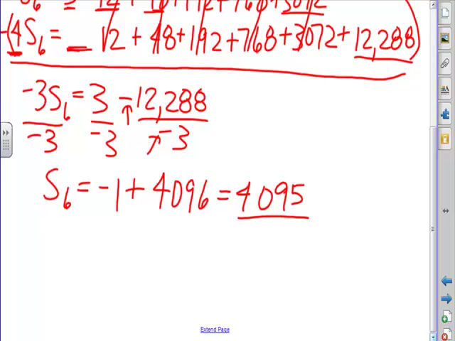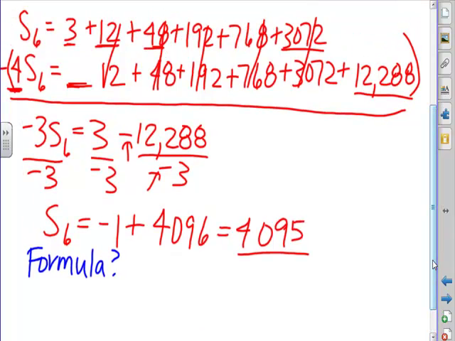So then what have I actually done here for a formula? And once again, this is on your sheet, so in the end you can really just get it off your sheet. I just want you to see where this is coming from, and I'll show you where it is on the sheet in a second. So what is the formula that I just did? Well, basically I took s sub 6 minus 4 s sub 6, which I could write as s sub n minus the common ratio times s sub n.